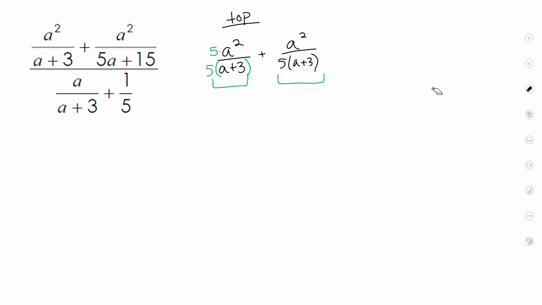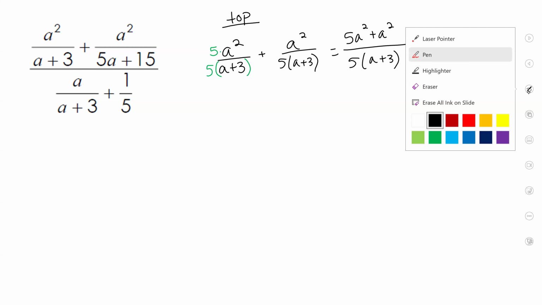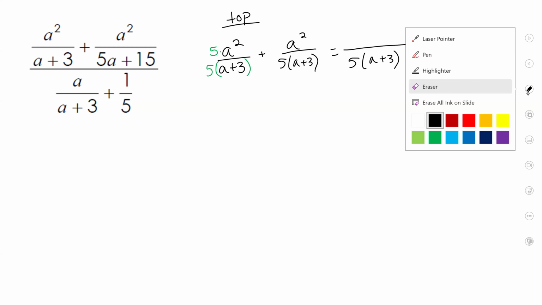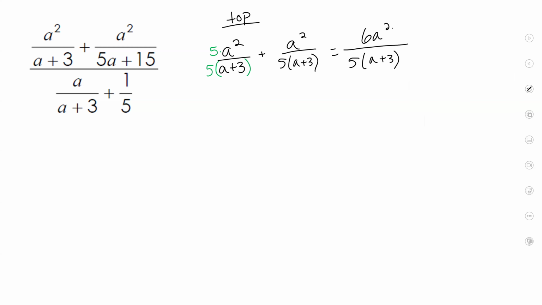Okay. Now that my denominators are identical, they both have a 5 times a plus 3, we can now add the numerators. This is 5a squared plus a squared, which is what? 6a squared. Okay, so that's the top.